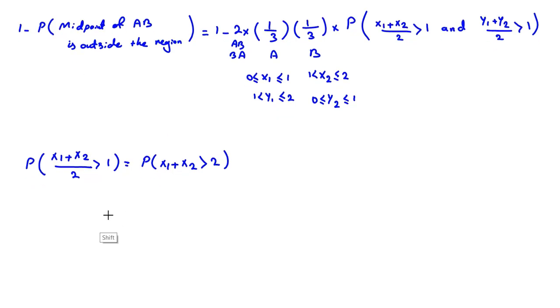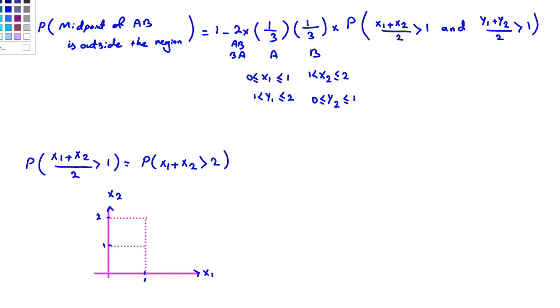Now let's analyze. We consider, for example, this is x1, this is x2, x1 from 0 to 1, x2 from 1 to 2. Now we are here because x1 is from 0 to 1, x2 from 1 to 2, and then it says x1 plus x2 is greater than 2. x1 plus x2 equal to 2 is this line.